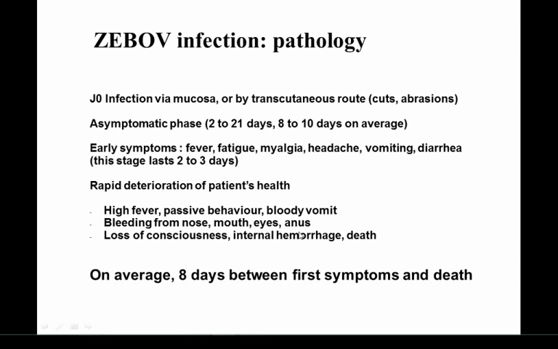It happens very quickly. From here to being dead, the average is about 8 days. The case fatality ratio for Zaire Ebola virus is between 50 and 70%. So it's a very highly pathogenic virus.